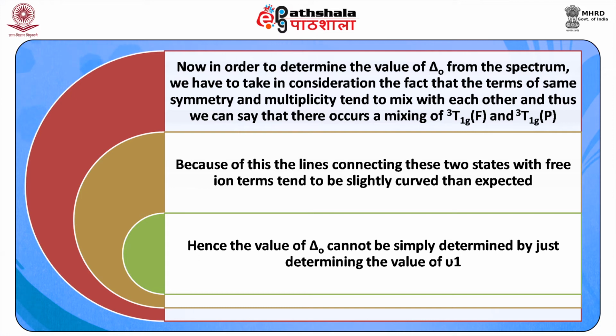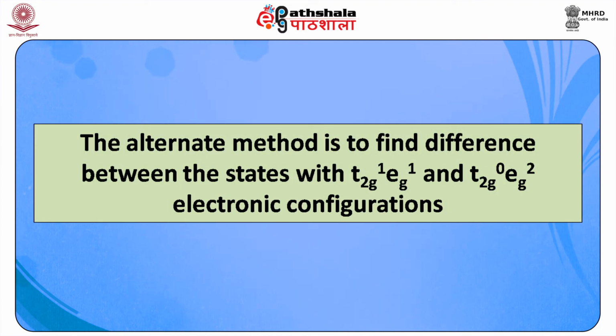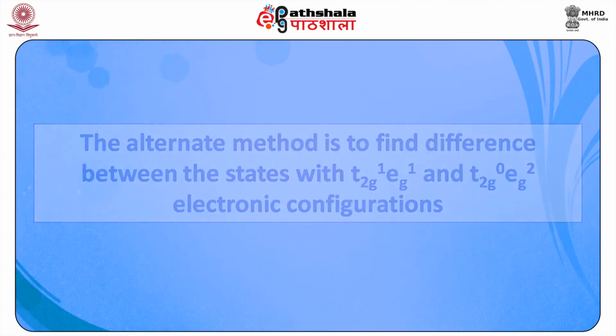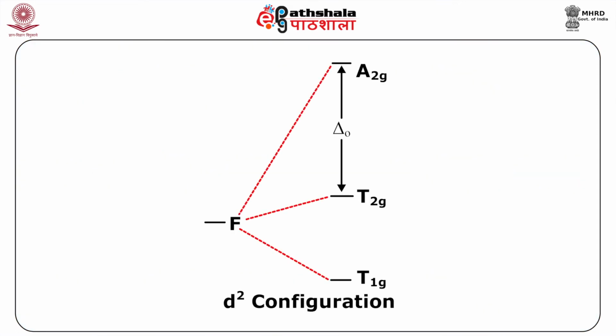Hence, the value of delta naught cannot be simply determined by just determining the value of nu1. The alternate method is to find the difference between the states with t2g1 eg1 and t2g0 eg2 electronic configurations. Thus, the value of delta naught will be the difference of the energy between triplet A2g and triplet T2g.